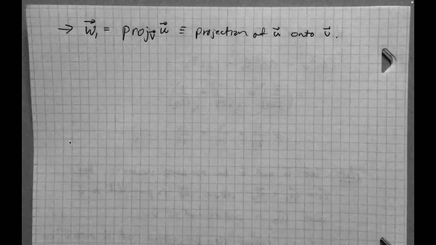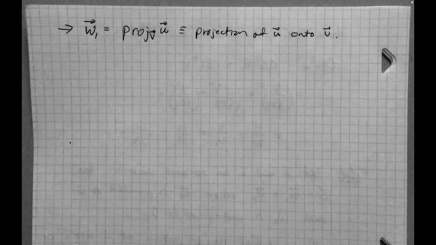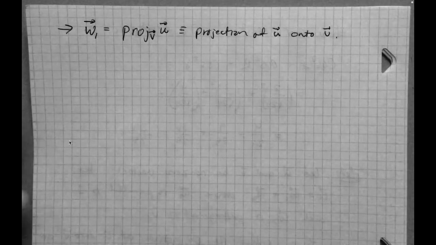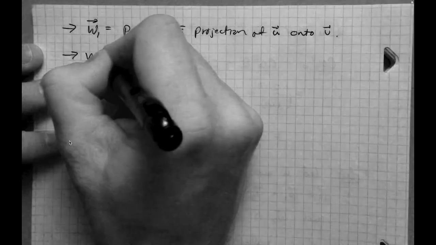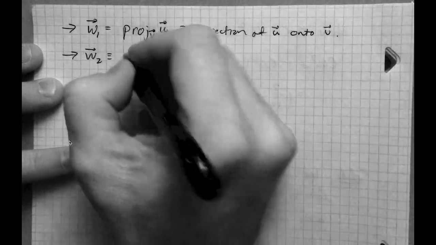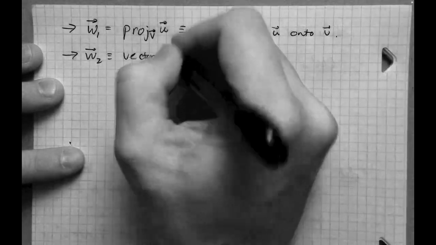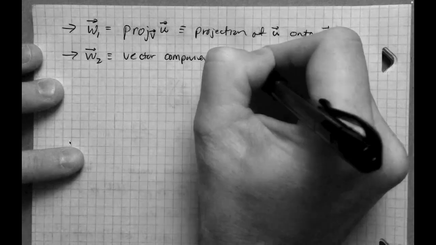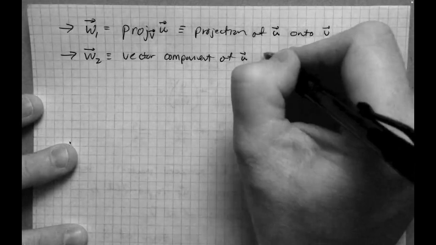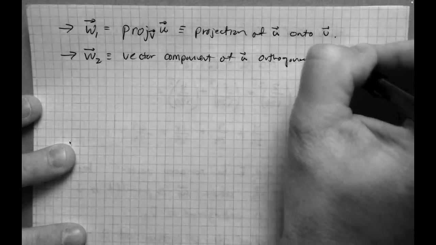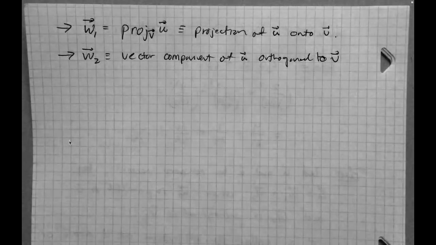There's some angle between them, but it's possible to project u down onto v, and that's the vector we call w1. And then w2 is the vector component of u orthogonal to v. Okay, so those are the two pieces.